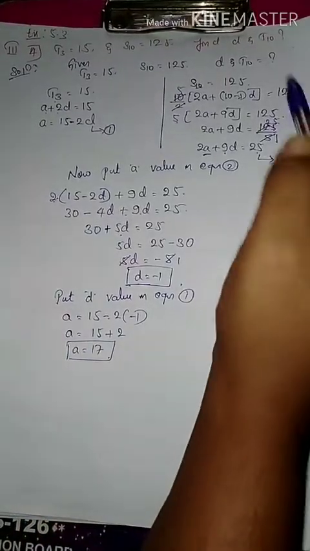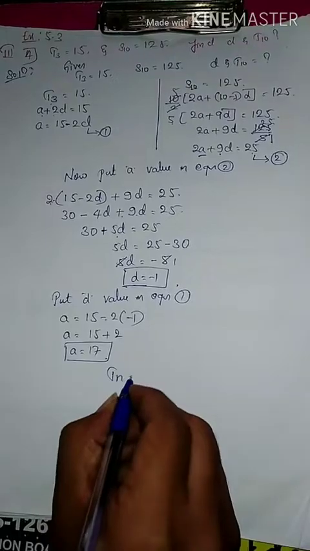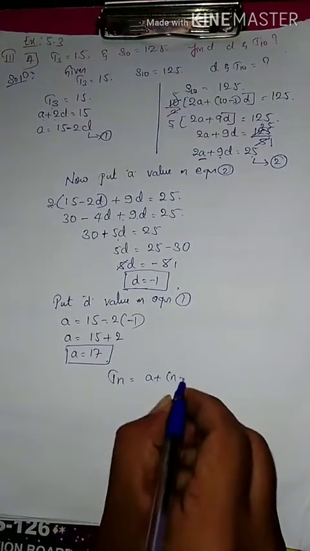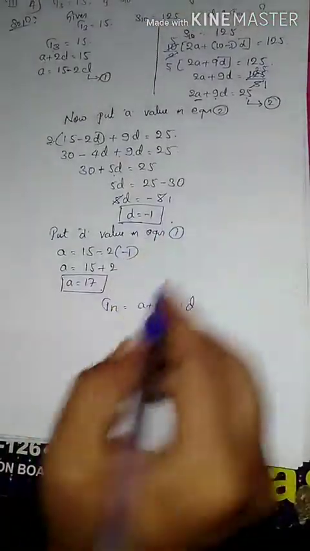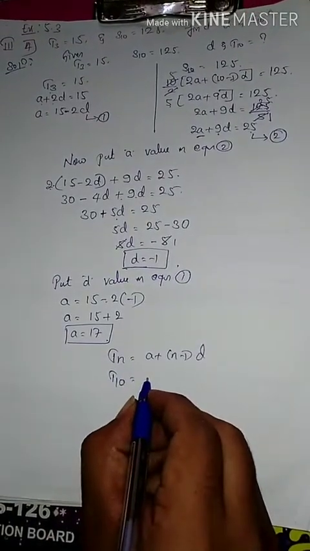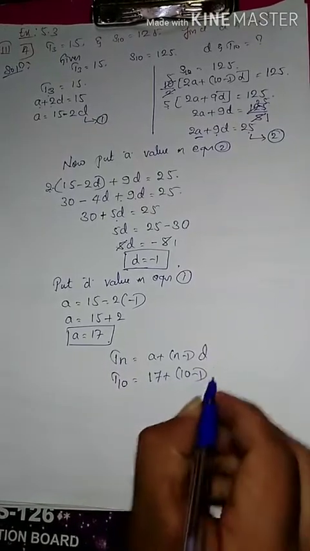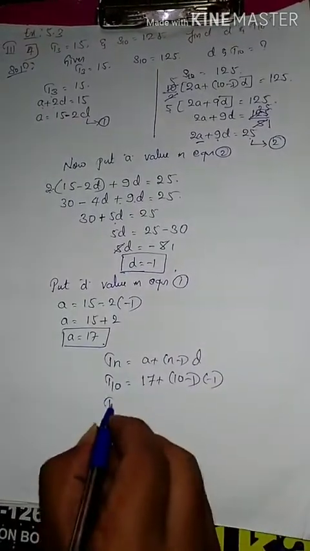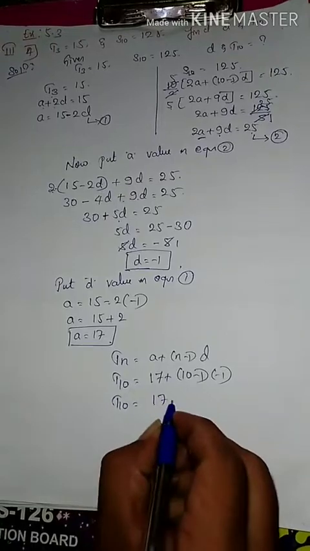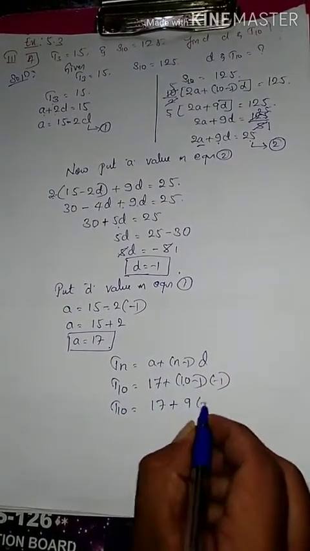Now we will calculate the value of T10 using the formula Tn is equal to a plus n minus 1 into d. So n is nothing but 10. So T10 is equal to a is 17 plus n is 10 minus 1 into d is minus 1. So T10 is equal to 17 plus 10 minus 1 is 9, 9 into minus 1.